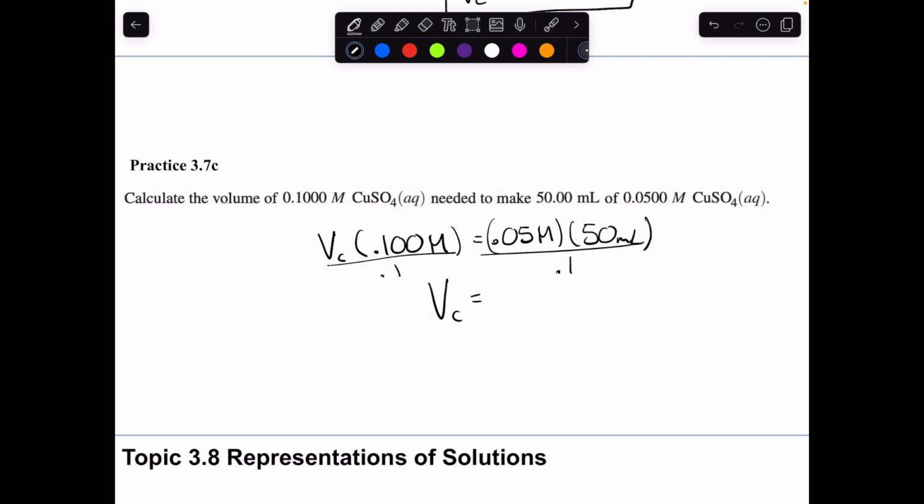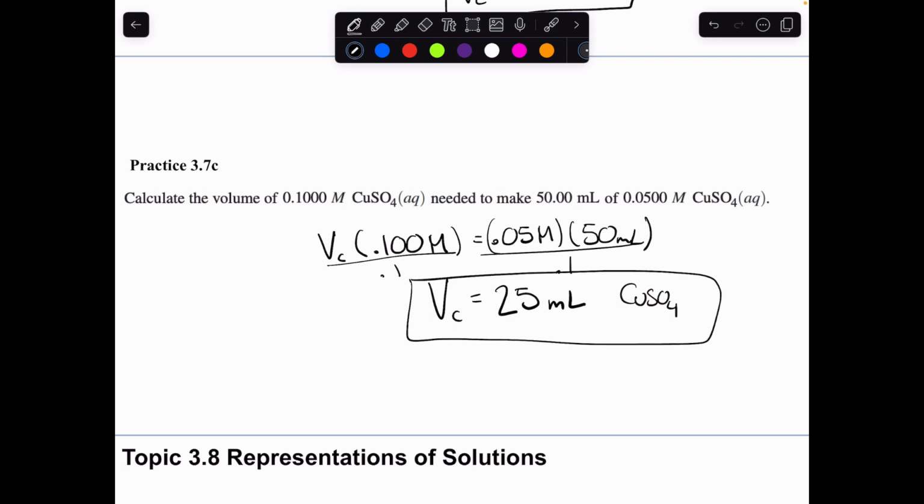Plug it into your calculator. And wow, look at that. It's the same answer as before. So if you got 25 mL of our 0.1 copper sulfate solution that we would need, go ahead and give yourself a smiley face because you're correct.